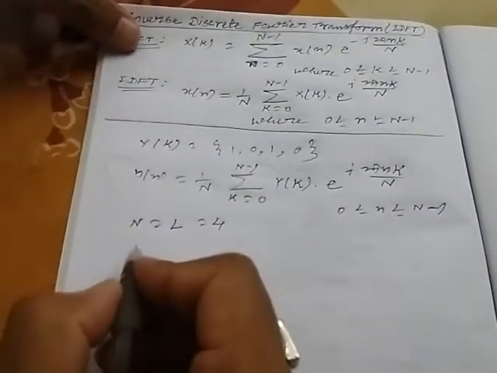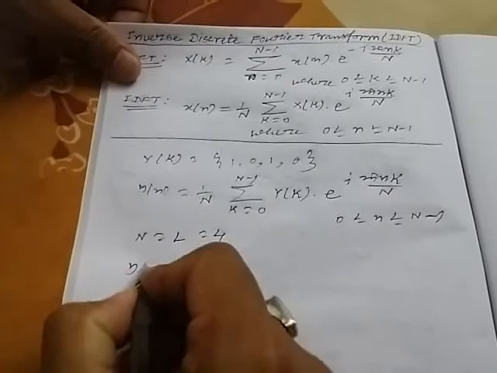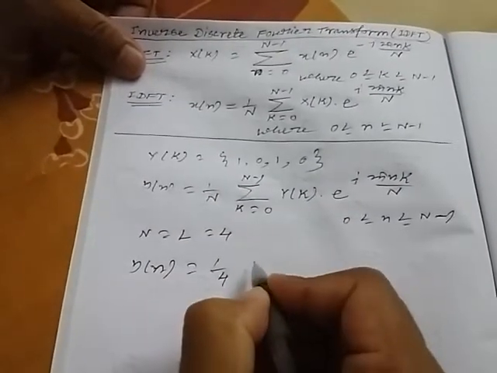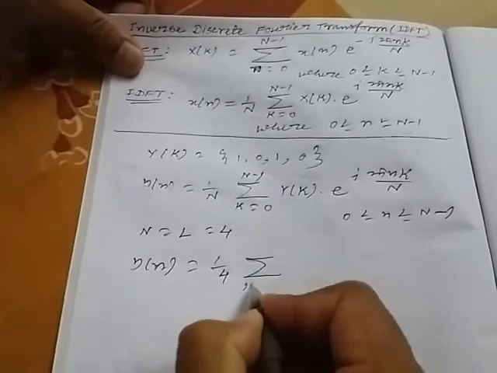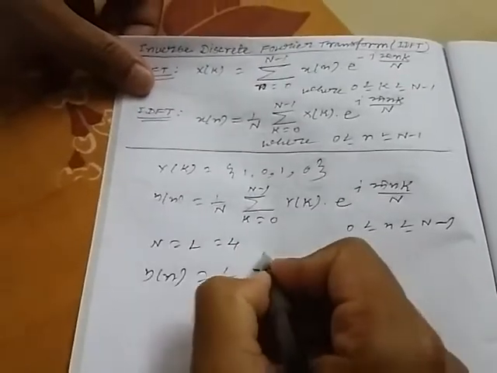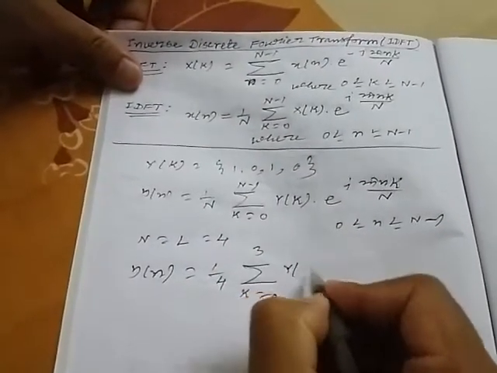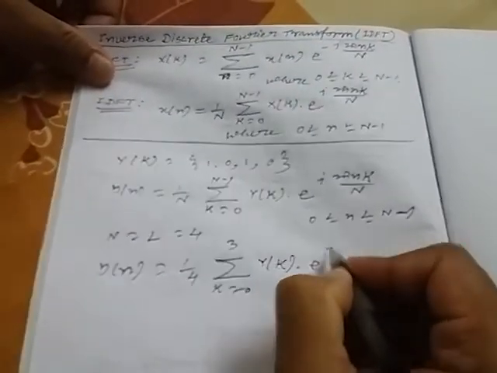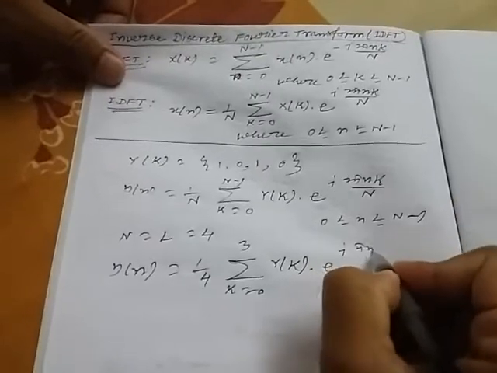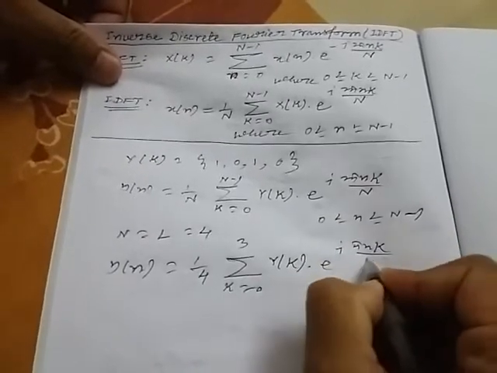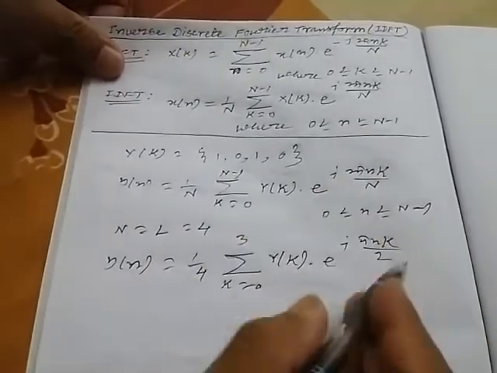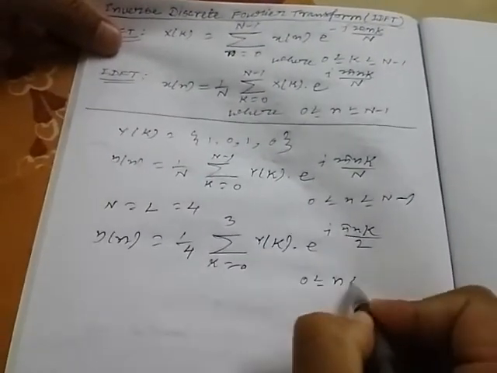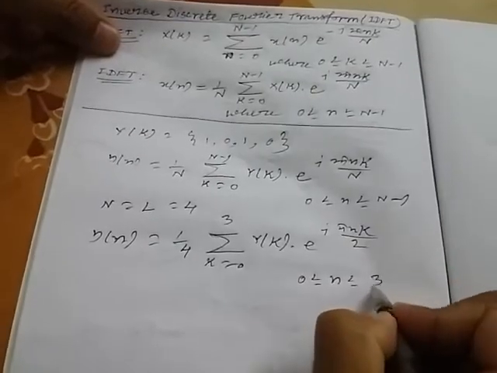So the formula becomes y[n] equal to 1 by 4, k equal to 0 to 3, Y of k into e to the power j pi n k by 2, because capital N equal to 4, and n ranges from 0 to 3.